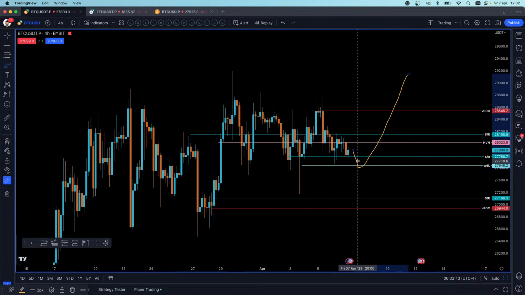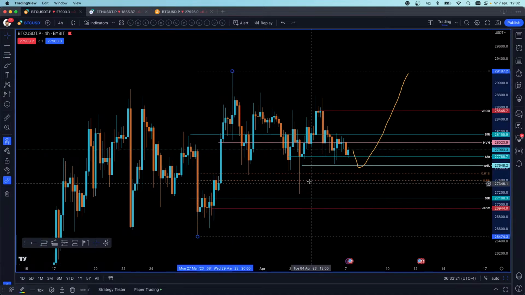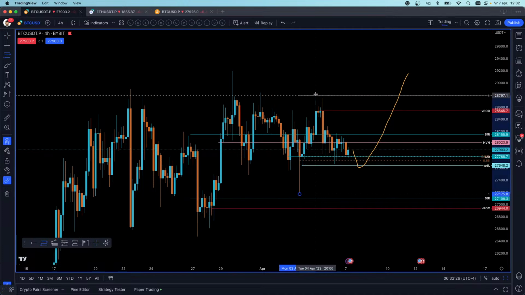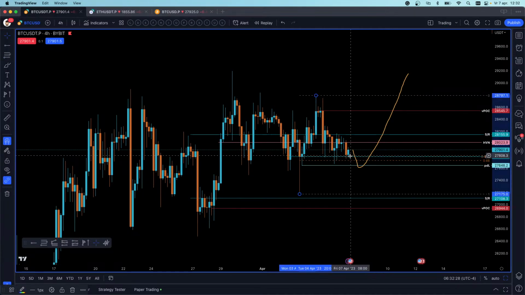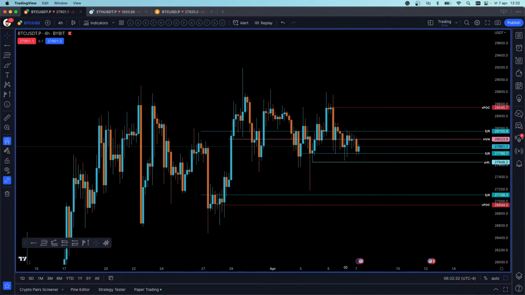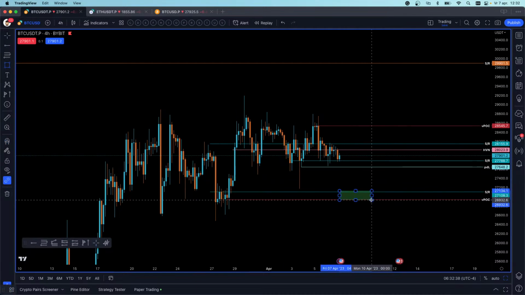So this is a plan that I have. I will look for the setup here. You can use a fib as well. We bounce from this golden pocket, or we are currently bouncing from this golden pocket, but it's not really giving me too much. So I have now my support here.